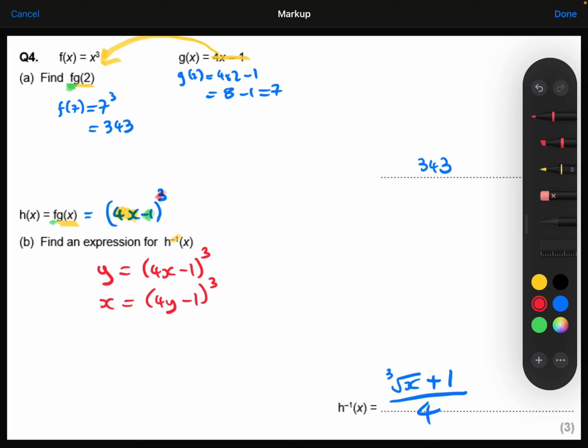So I'm going to cube root both sides. I'm going to add 1 to both sides. And then divide both sides by 4. And we can see we get the same answer.